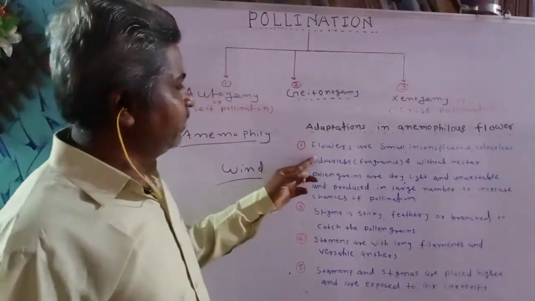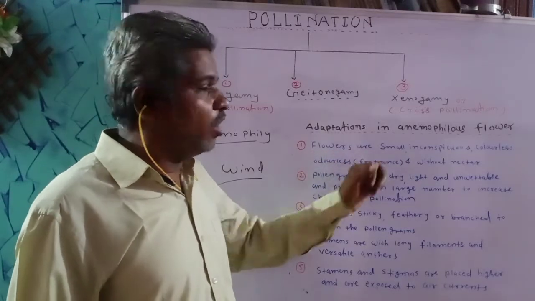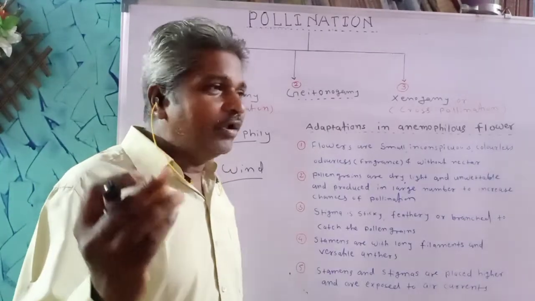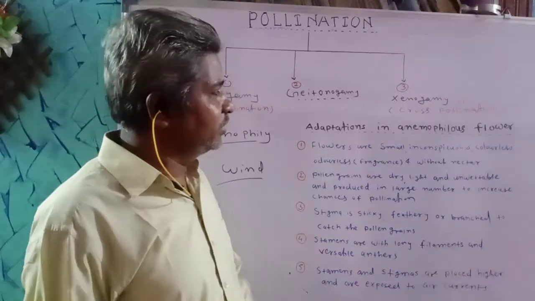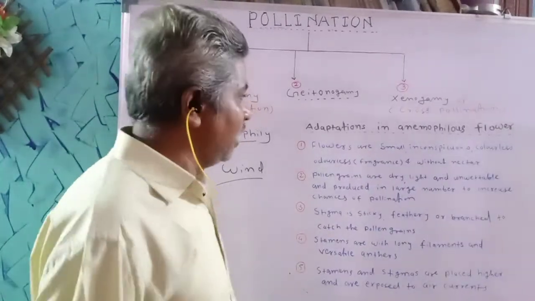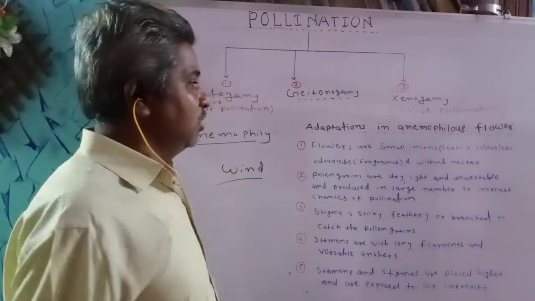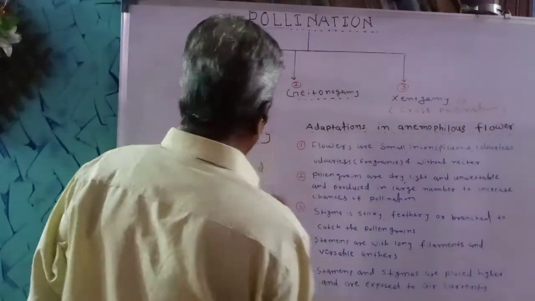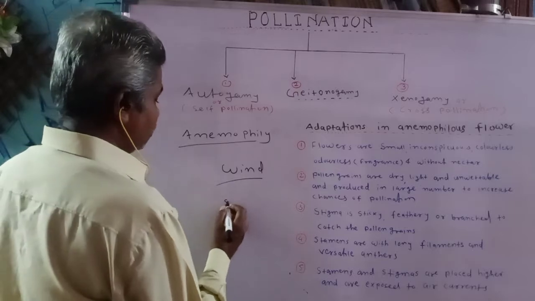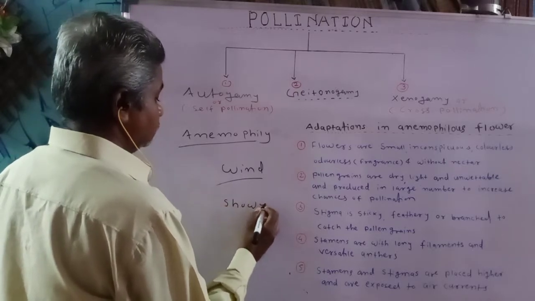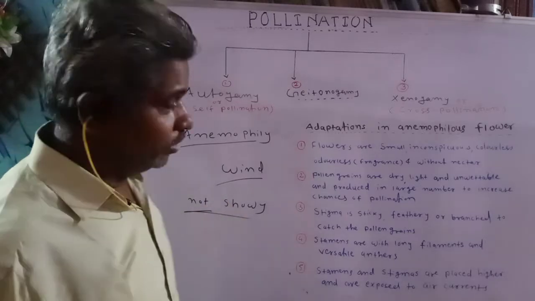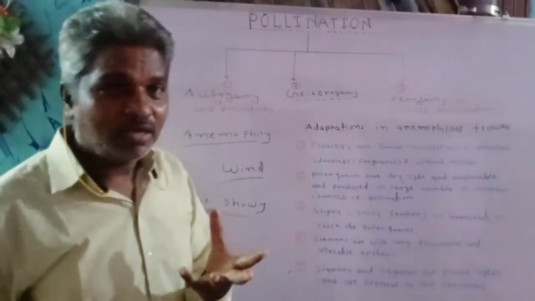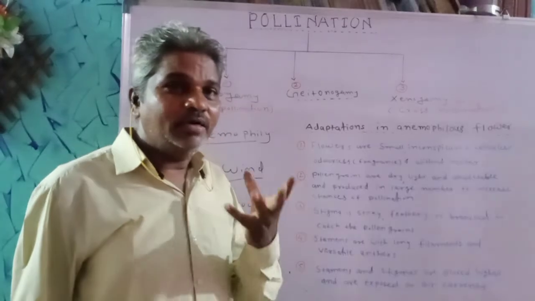The anemophilous type of flowers are small, for example, the flowers of grasses, maize, etc. These are very small. Flowers are inconspicuous. What do you mean by inconspicuous? That is, not showy. You know, showy flowers are large, colored, and attractive.